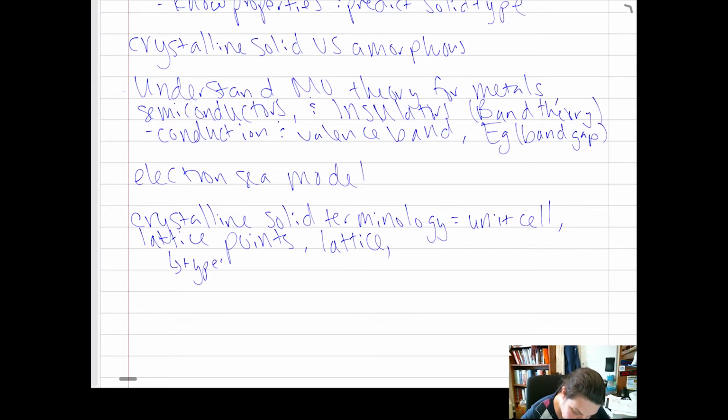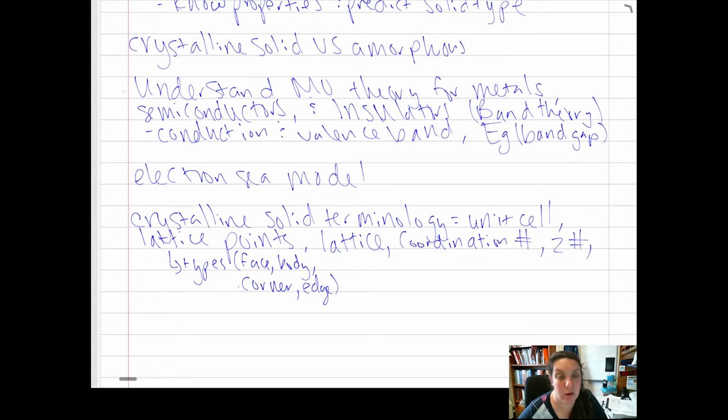So your face, body, corner, which are the ones that are the normal ones, and then there's also the edge piece. So know all of those for your lattice points, your lattice itself, your coordination number, your Z number, and edge length.